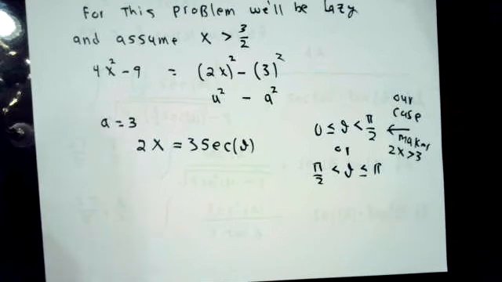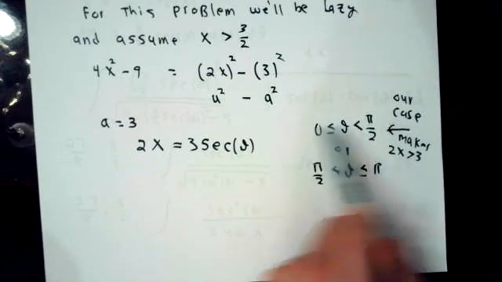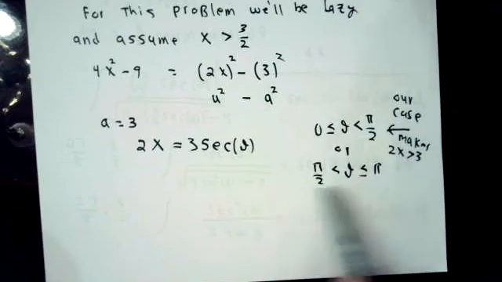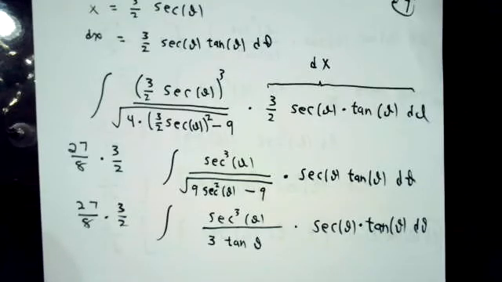And we're looking at the case where the x is positive. So we're only looking at angles that are between 0 and pi over 2. These would be the place where x was negative. So x is going to be 3/2 secant of theta.